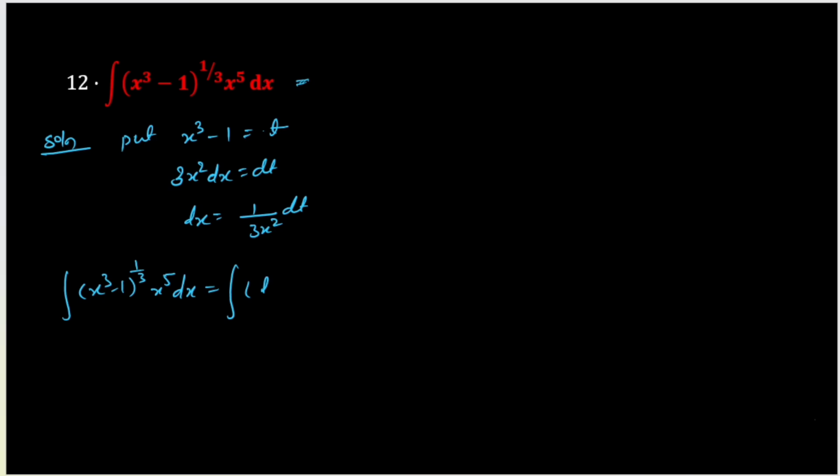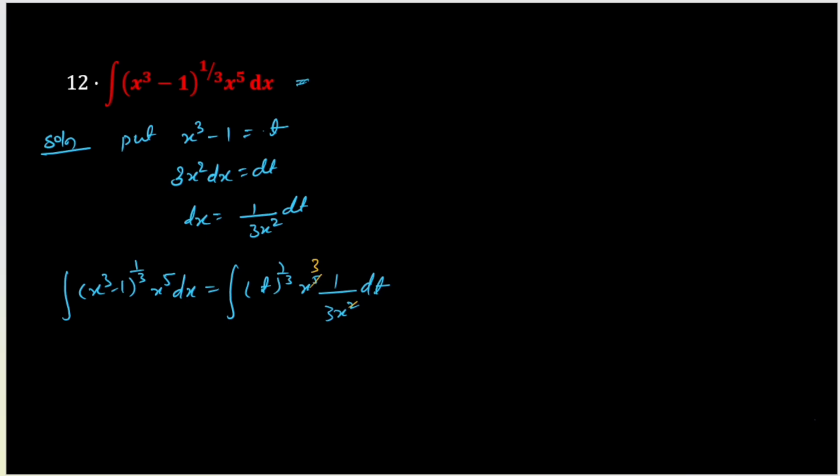The integral of (x cube minus 1) power 1 by 3 into x to the power 5 dx is equal to t power 1 by 3 and x to the power 5, and dx is equal to 1 by 3x square dt. Here the power of x square is cancelled and the remainder is 3.